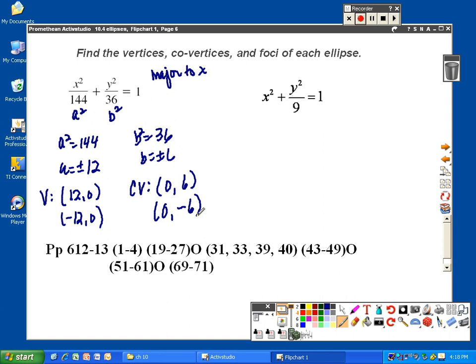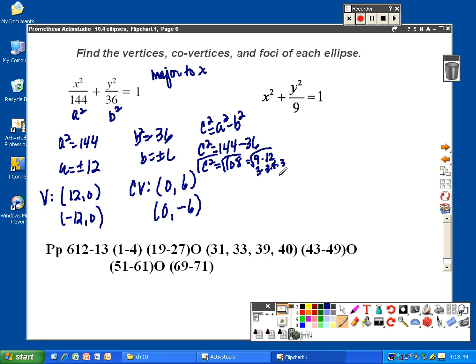Now my foci come from c squared equals a squared minus b squared. So c squared equals a squared, which was 144, minus b squared, which was 36. That means c squared equals 108. Square root both sides. Let's see. That is 9 times 12. 3 times 3 times 4 times 3.